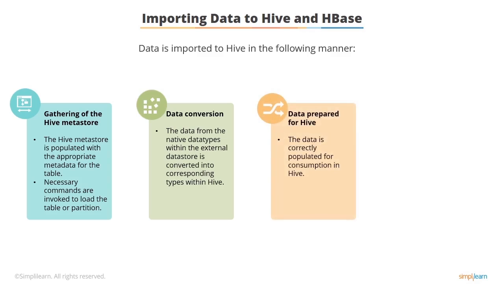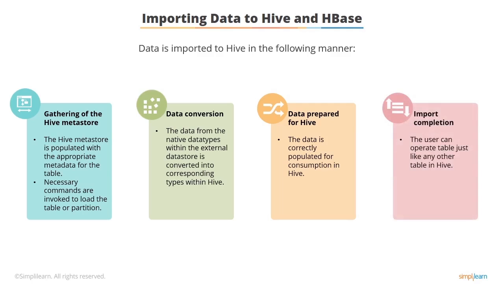Further, Sqoop automatically chooses the native delimiter set used by Hive. If the data being imported has a new line or other Hive delimiter characters in it, Sqoop allows the removal of such characters. The data is then correctly populated for consumption in Hive. Lastly, after the import is completed, the user can operate on the table just like any other table in Hive.